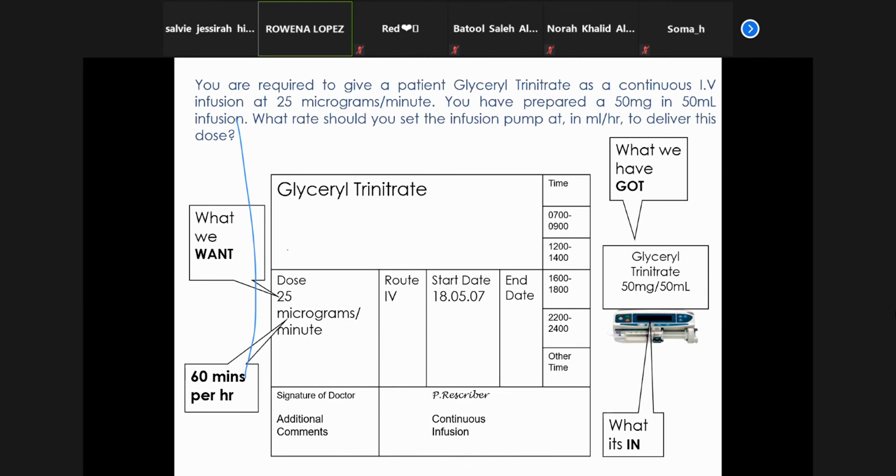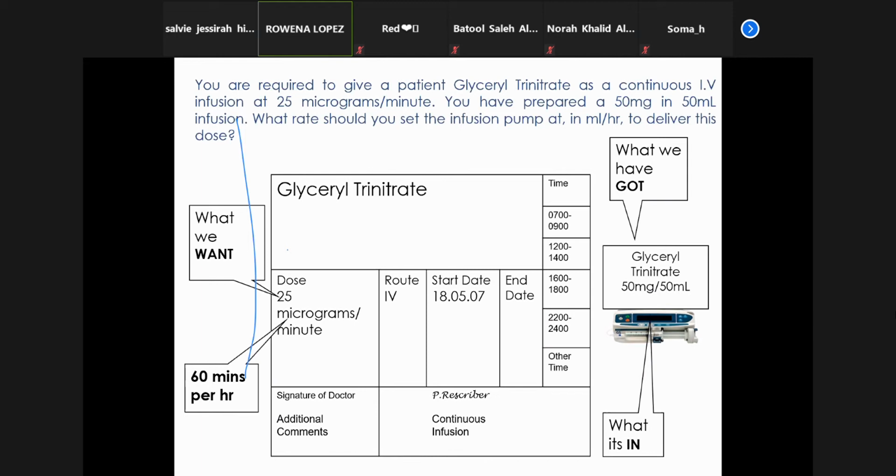So another one. You are required to give a patient glyceryl trinitrate, or nitroglycerin, as a continuous IV infusion at 25 micrograms per minute. You have prepared a 50 milligrams in 50 ml infusion. What rate should you set the infusion pump at in ml per hour to deliver this dose?